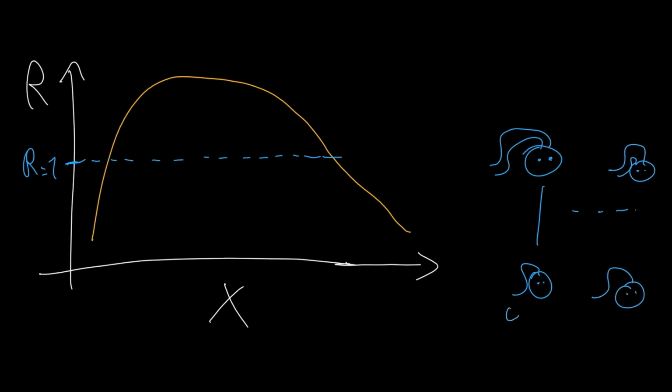So we would have the same amount of animals in the next generation that we did in the first generation. And this is why we call the points at r equals 1 points of equilibrium. So let's call these points XA and XB. And these are points of equilibrium.